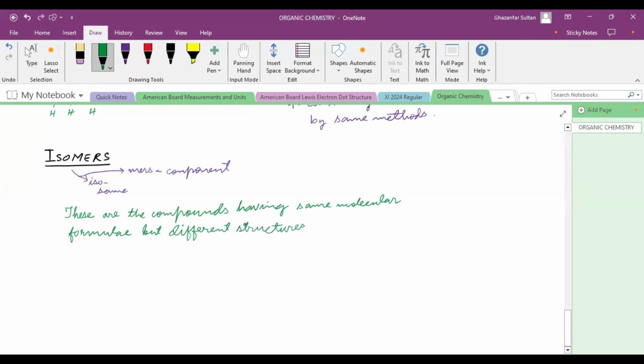Okay, so this is the definition of isomers, and this phenomenon is called isomerism.